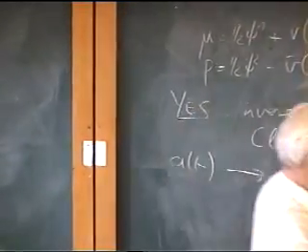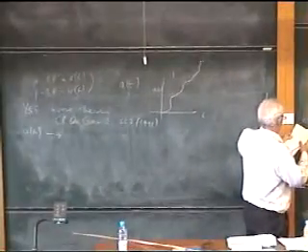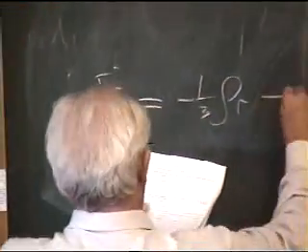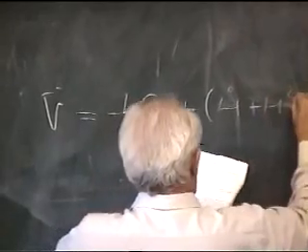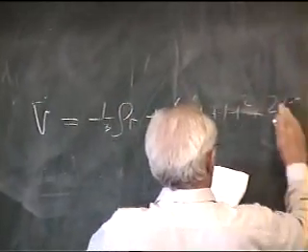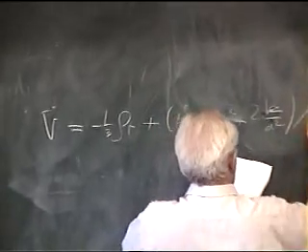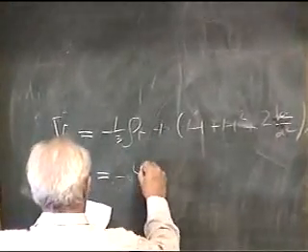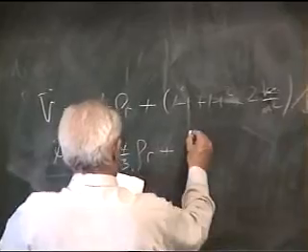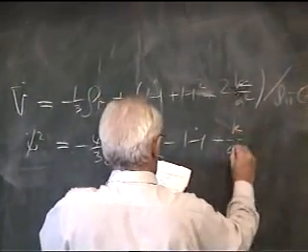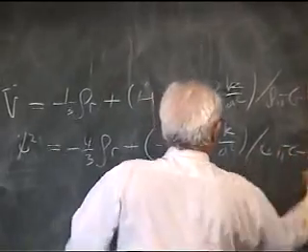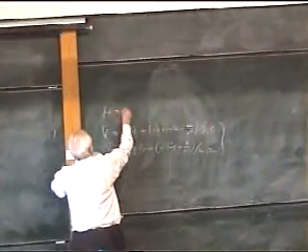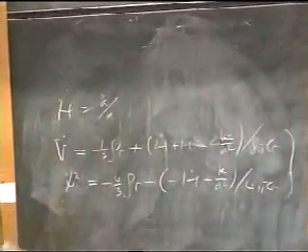You can solve the field equations we had before to give you V equal to minus a third of the energy density of any radiation you have, plus (h dot plus h squared plus 2k over a squared) divided by 8 pi G, and phi dot squared is equal to minus 4/3 rho r plus (minus h dot plus k over a squared) over 4 pi G. You can run the field equations around to get it in that form. And here h is a dot over a, and then h dot is the time derivative of that.